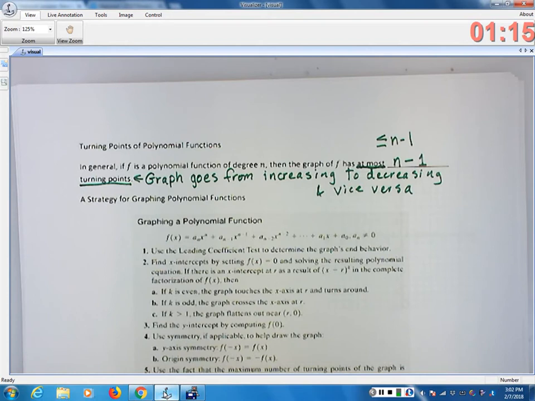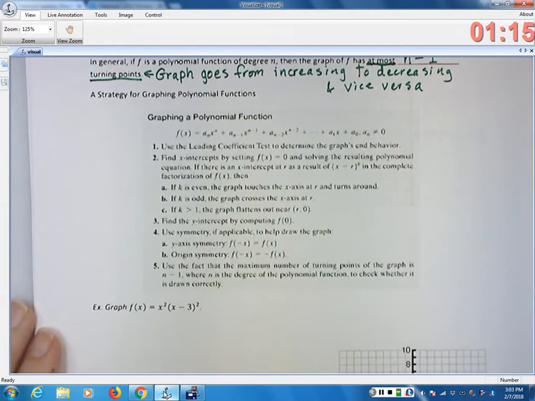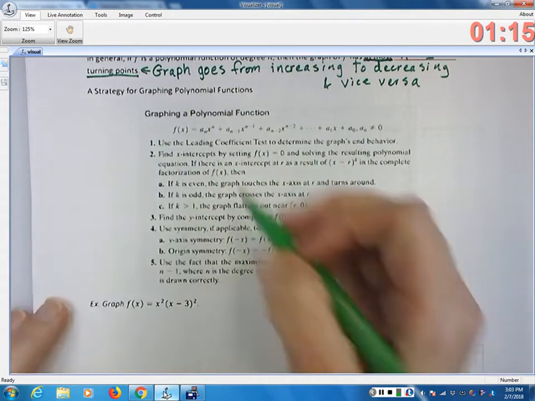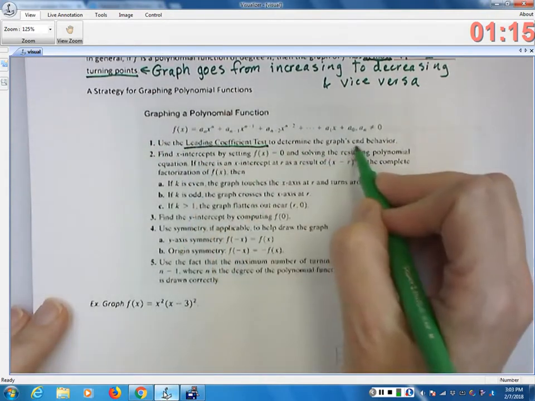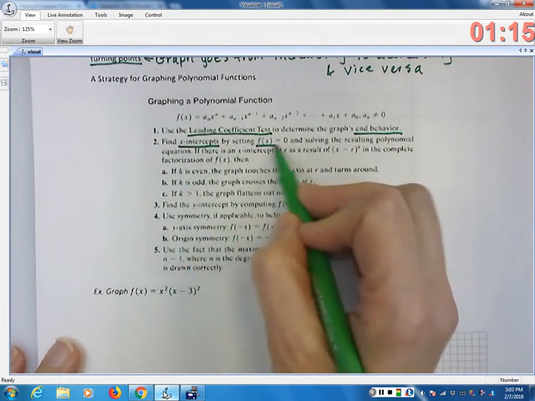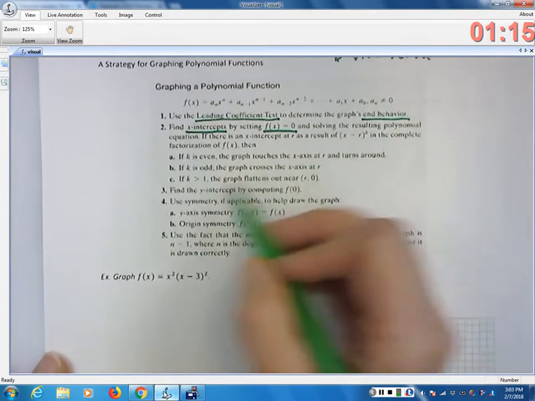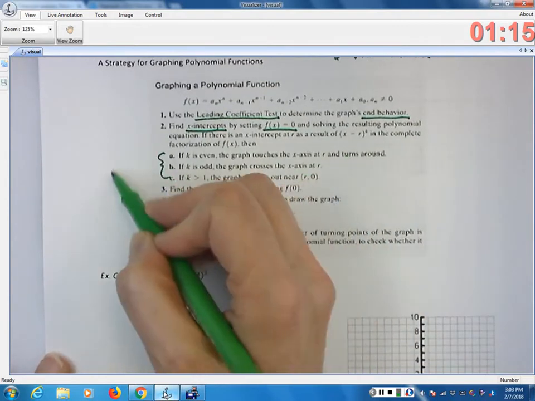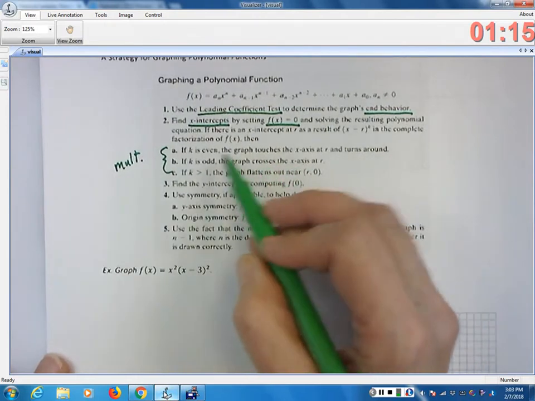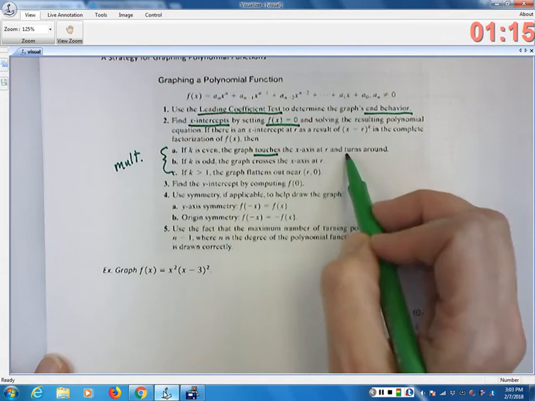But anyway, this is the strategy for graphing polynomial functions. We're going to go ahead and do some graphs. We're going to use the leading coefficient test to determine the end behavior. We're going to find x-intercepts by setting f of x to 0. We're going to check out the multiplicities. If the multiplicity is even, the graph touches and turns around at the 0.